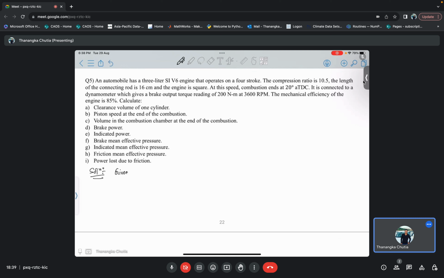Given: number of cylinders is equal to 6, total displacement volume is equal to 3 liter, and that is equal to 3000 centimeter cube.